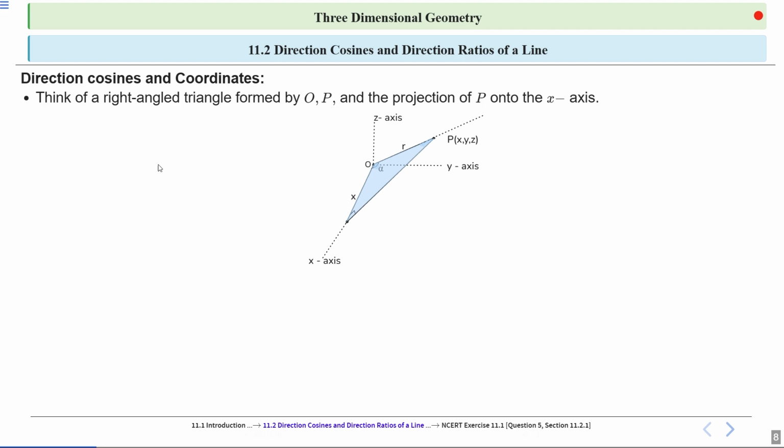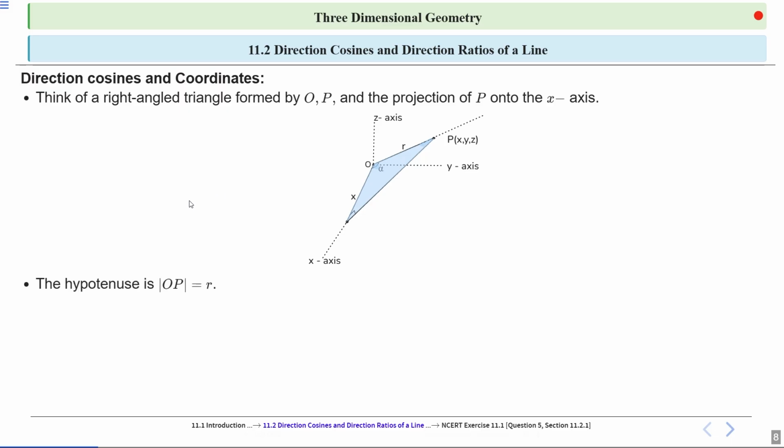So look at this diagram. Notice how the triangle is laid out. So O is at the origin, P is somewhere in space, and there is the projection of P onto the x-axis. Okay, this point here, and these 3 points form the triangle.